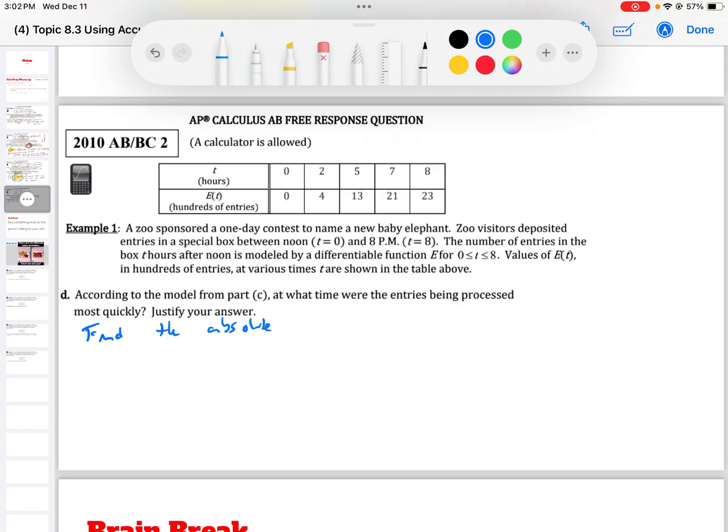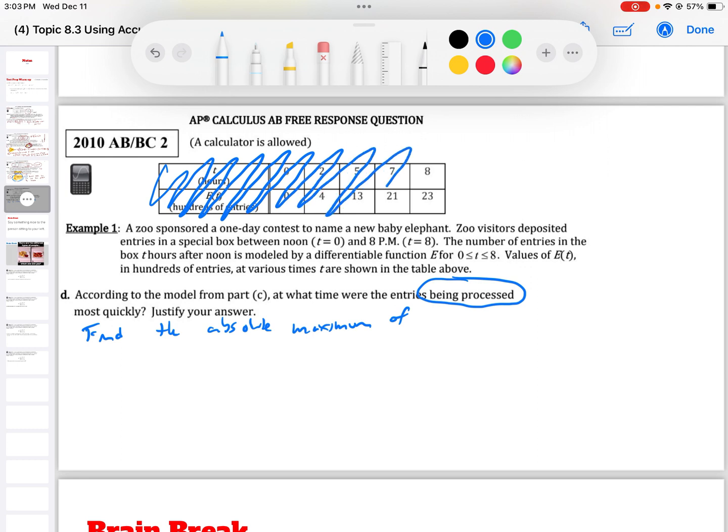So what we need to do here is find the absolute maximum of the rate at which they were being processed. Does that have anything to do with E? No. It's just find the absolute maximum, or find when the rate that they were being processed was the fastest. When was that the most? And I would use a calculator for this. This is calculator active, so in class we'll do this and I'll show you.